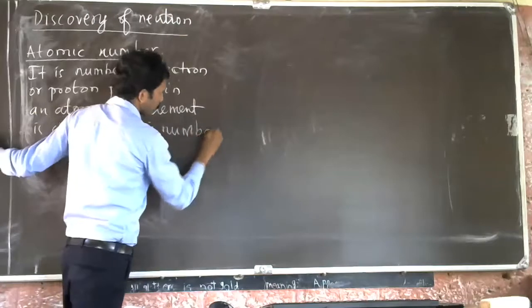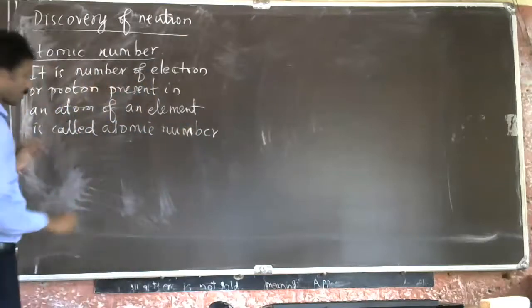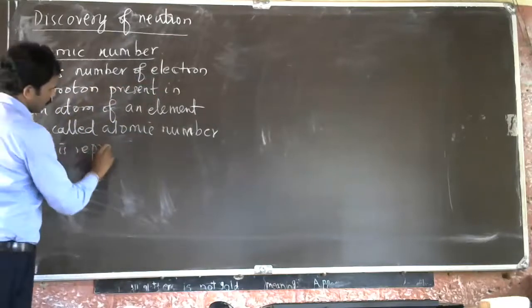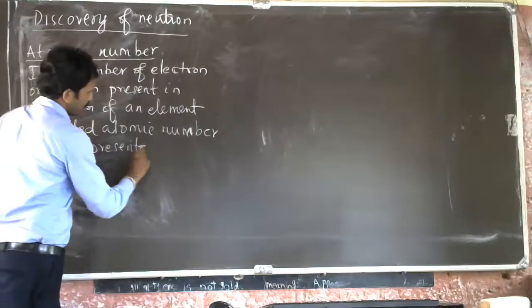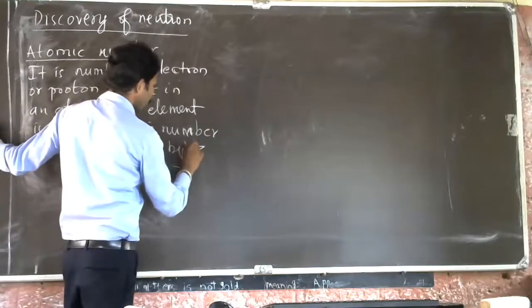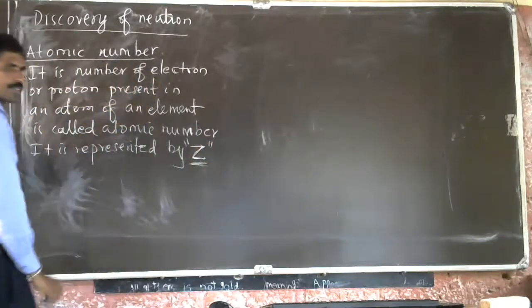We know the atomic numbers of some elements also. And it is represented by the capital letter Z.